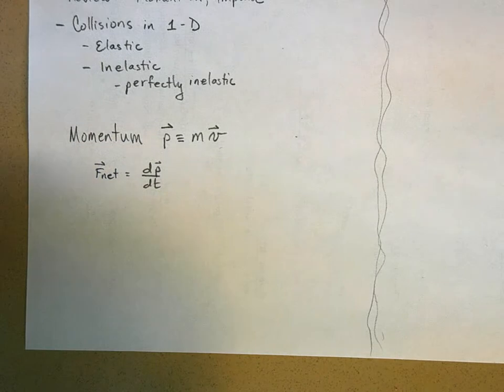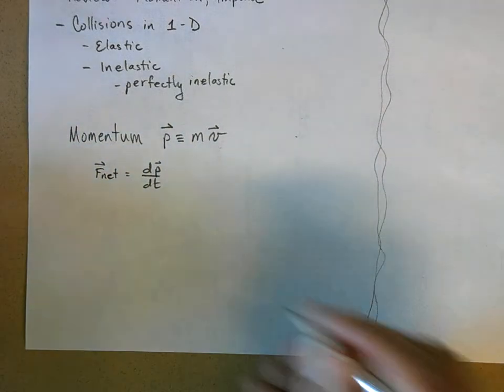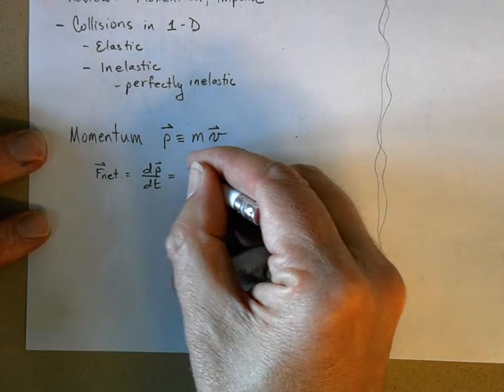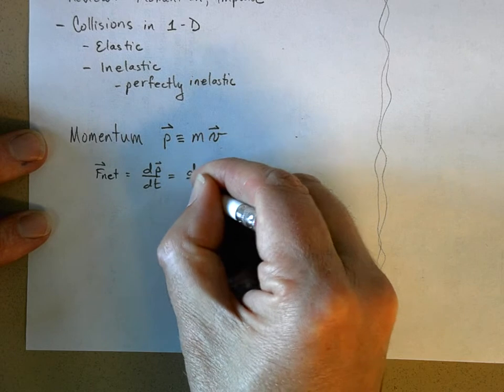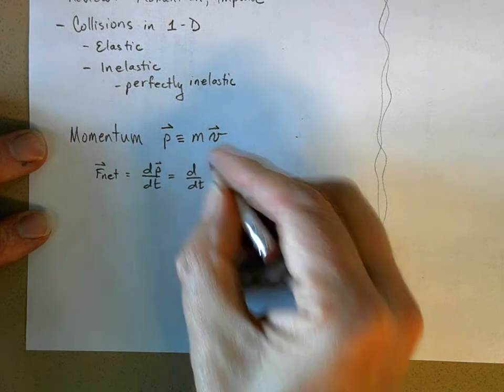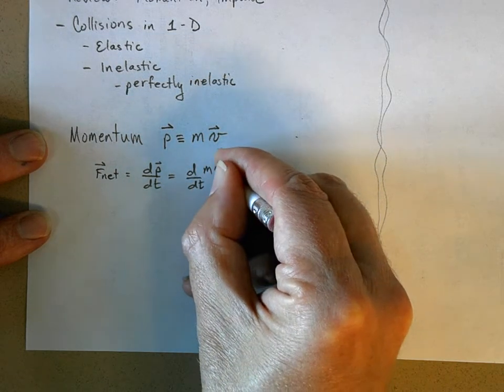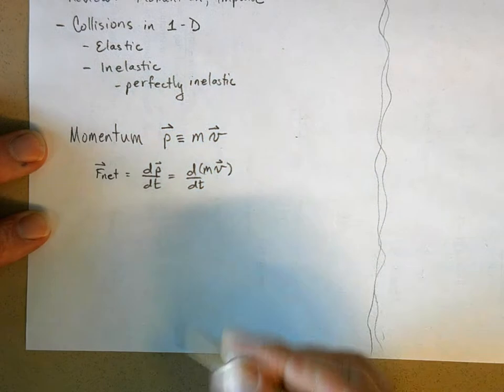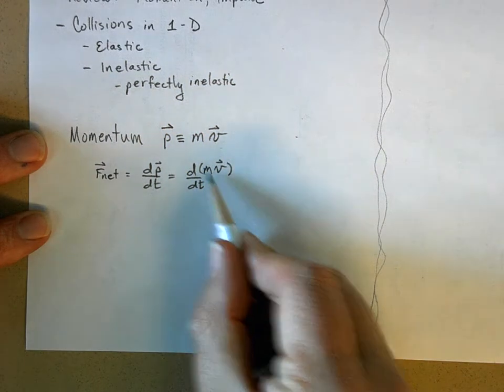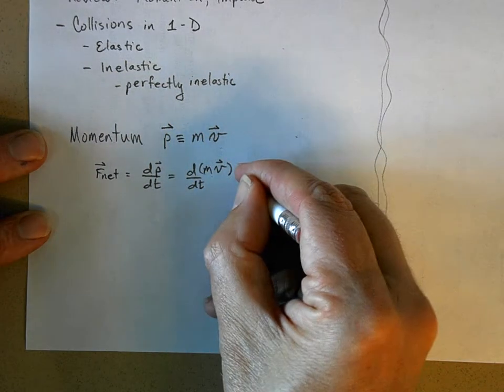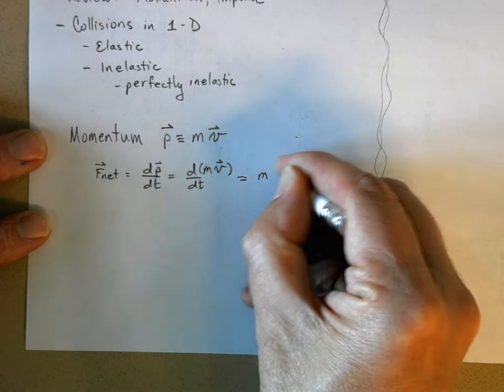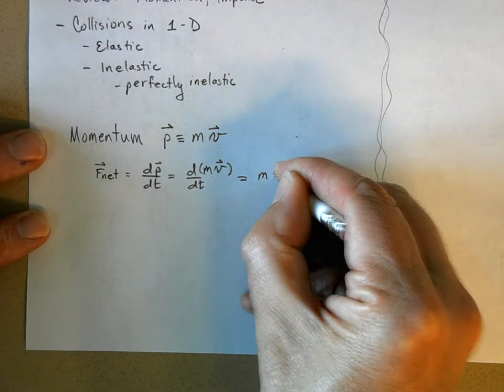Now, let's show once again that this is what we were dealing with before. We said that momentum is defined to be m times v. If you assume that the mass is constant, that comes out of the derivative. So this becomes m dv/dt.